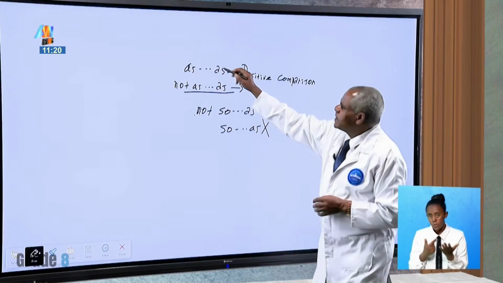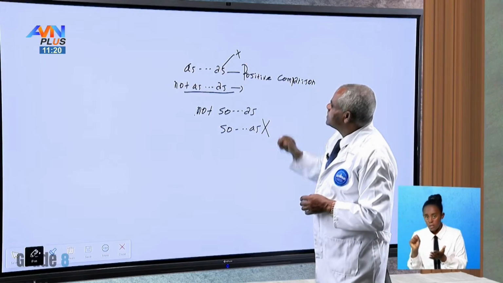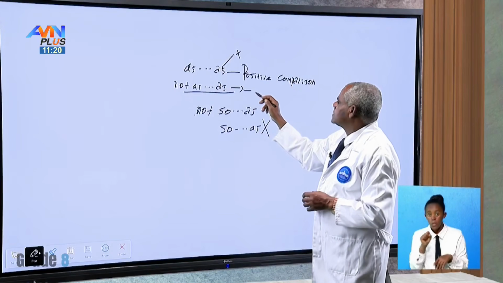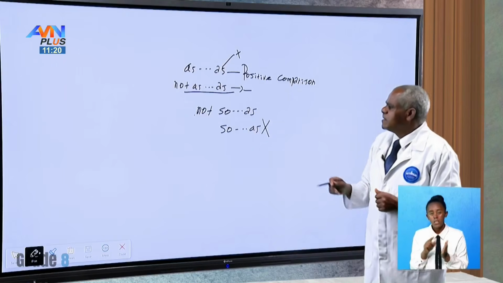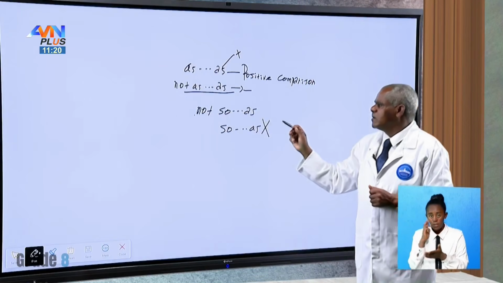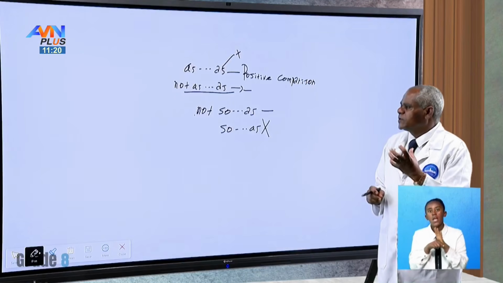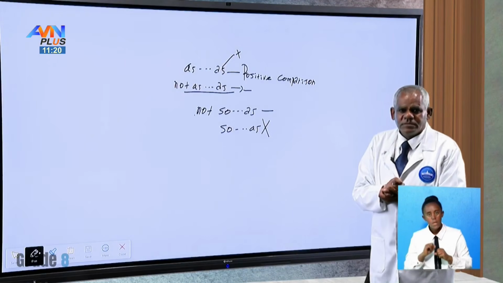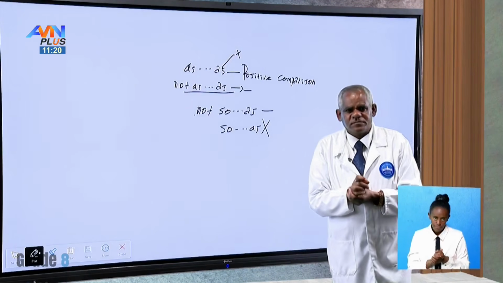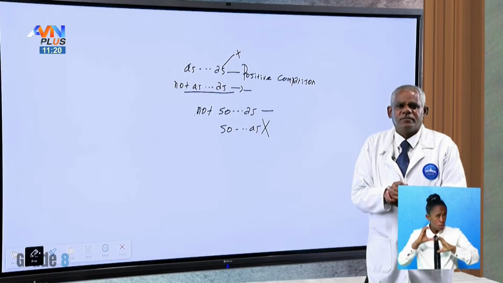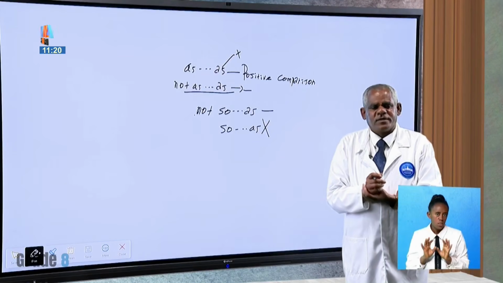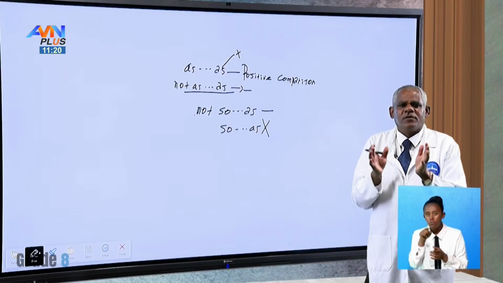So the "as" structure stands for positive, the "not as" structure stands for a negative, and the "not so as" structure only stands for negative in order to compare two people. So comparison is a very important part of the language structure that we have to use in our day-to-day life.